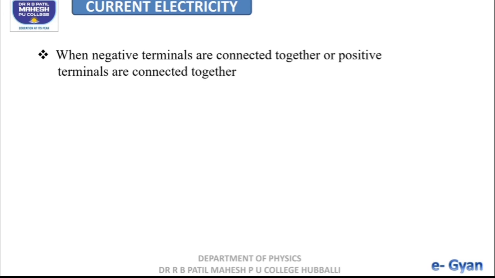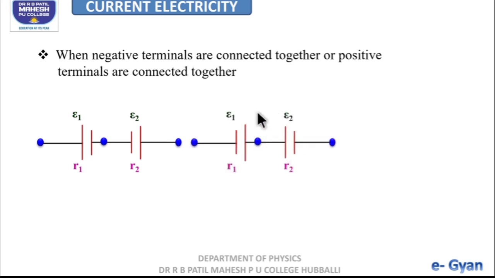This point is very important. When negative terminals are connected together or positive terminals are connected together, this diagram shows that negative terminals of both the cells are connected with each other, and this shows that positive terminals of both the cells are connected with each other.